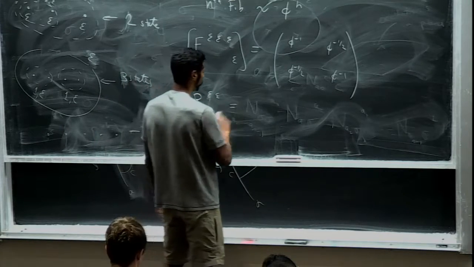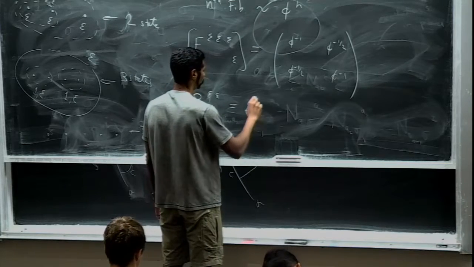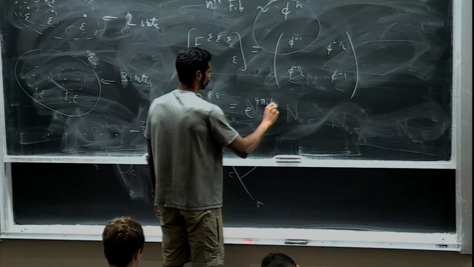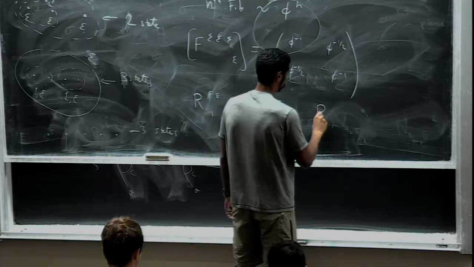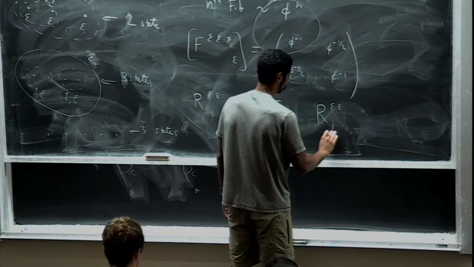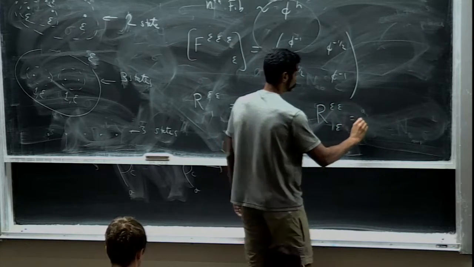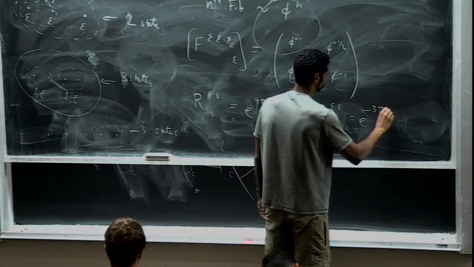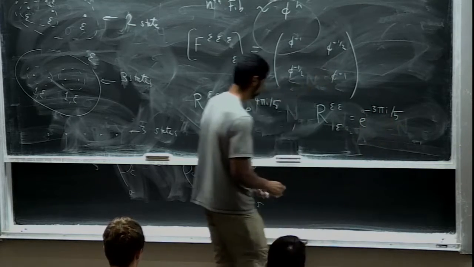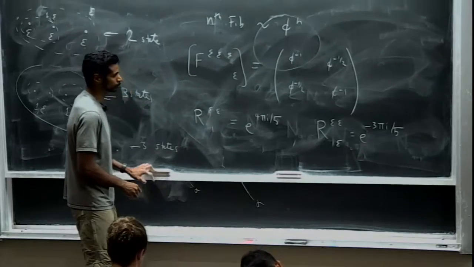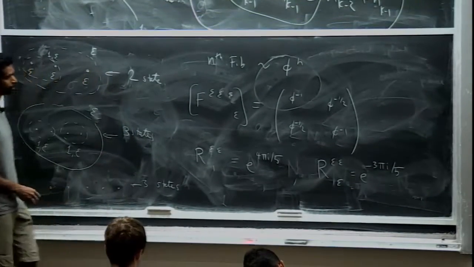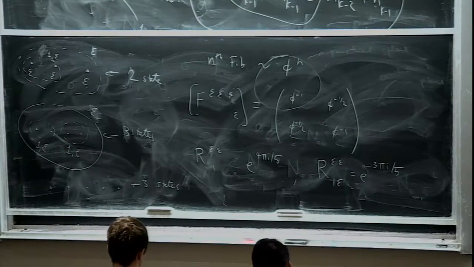Again, you can obtain these from the Pentagon, Hexagon. So that's the data that you need to understand, basically, to do computations with Fibonacci anyons.